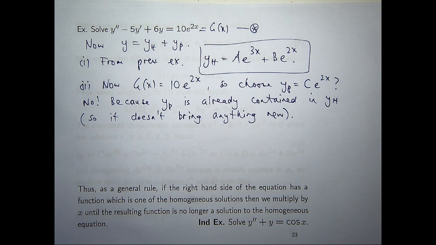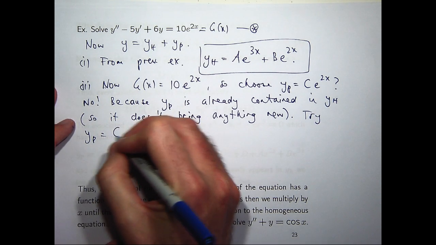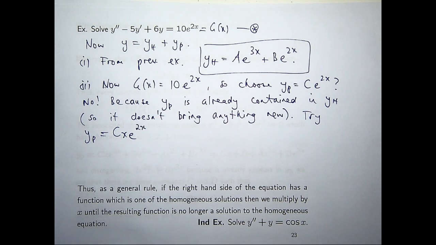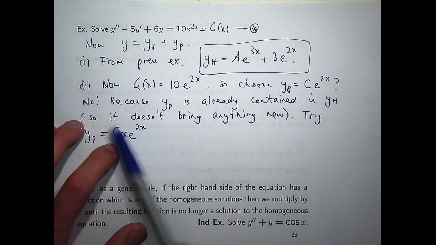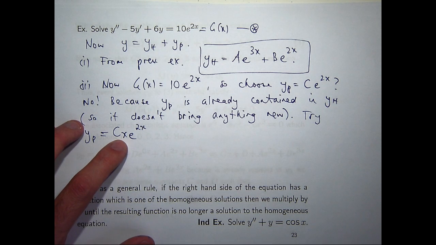So you can kind of think of this as an informal analogue of that. So let's try the following. y sub p equals c x e to the 2x. Now, is this contained anywhere in here? Well, no, it's not, because you've got this x multiplying through.